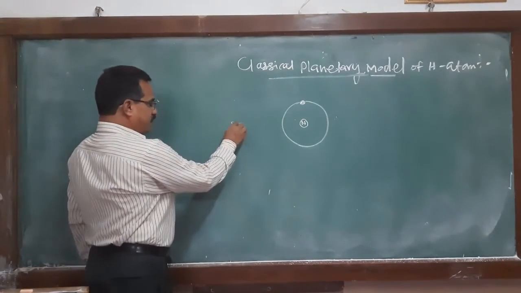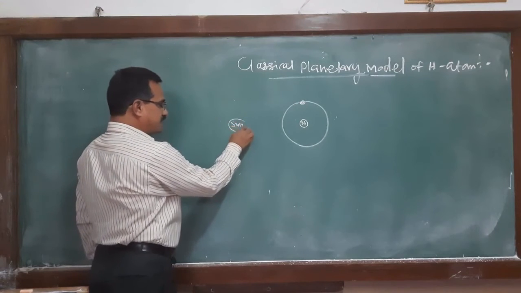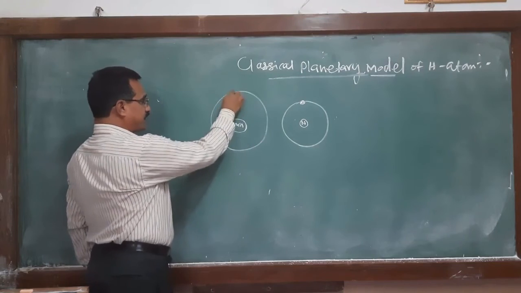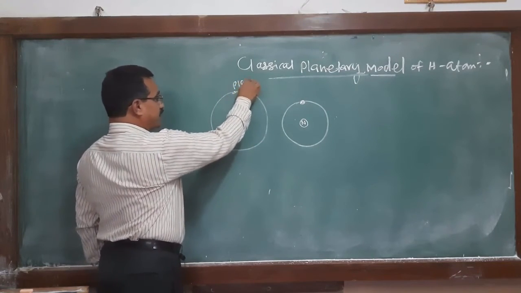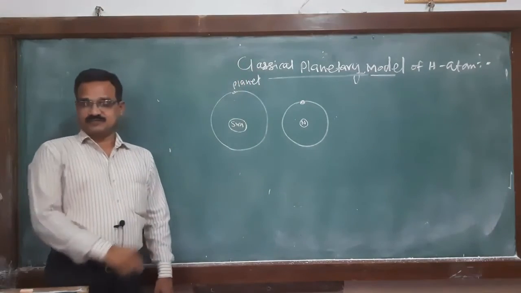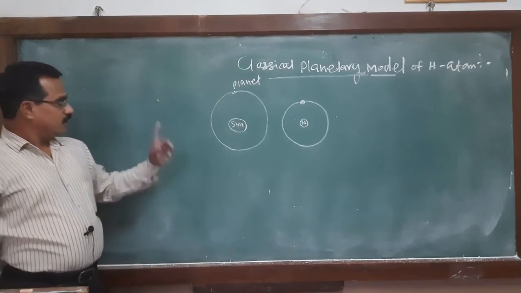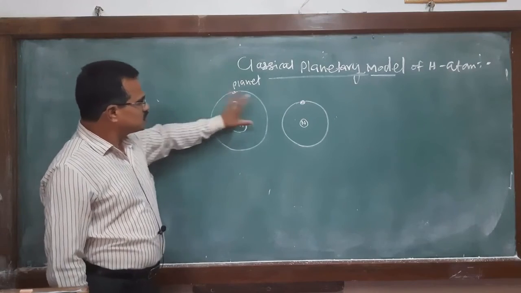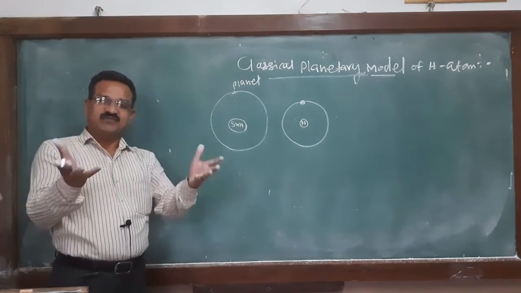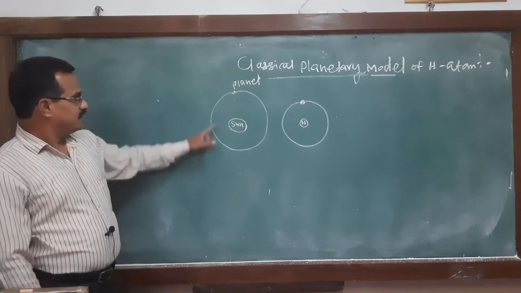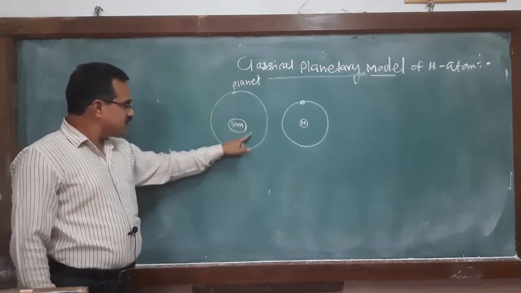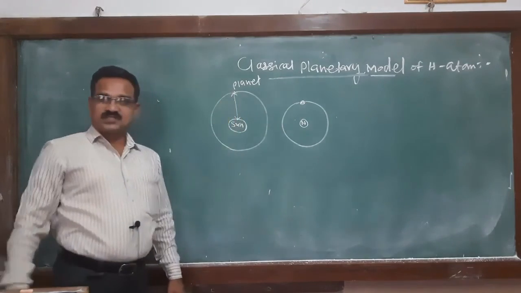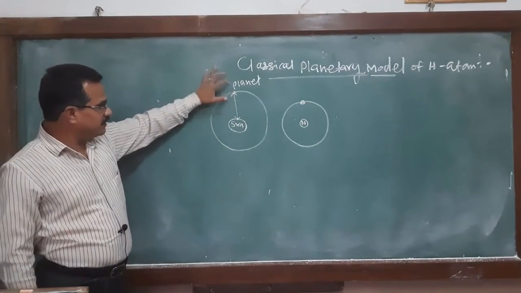In case of the planetary model, here is the sun, and around the sun a planet is moving. You remember that? These two things are similar, but what is the difference? A planet revolves around the sun due to the gravitational force of attraction between the planet and the sun.